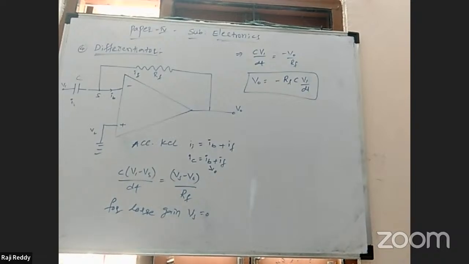Next one, it is useful from the practical point of view. Signal changes in the amplifier will be observed as signal changes in the CRO, cathode ray oscilloscope. In that, we will observe practically a square wave converted into a sine wave, or a sine wave converted into a ramp wave, or a ramp wave converted to some other wave.